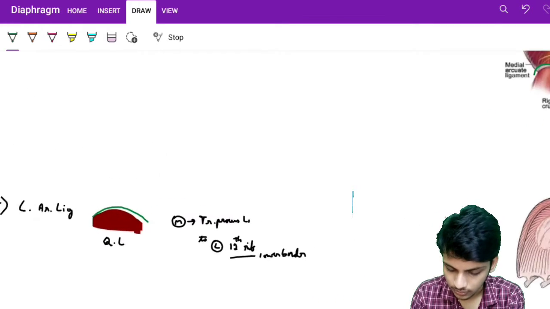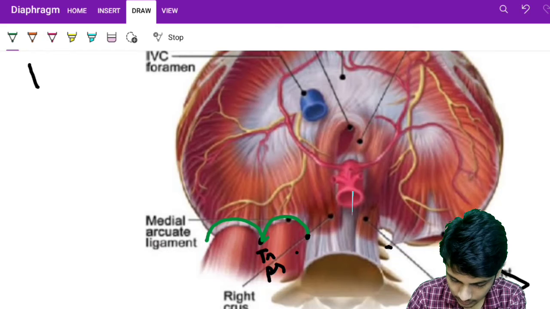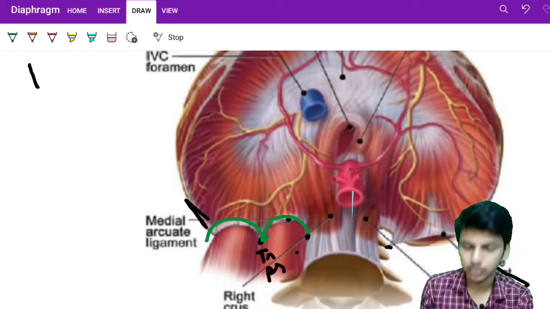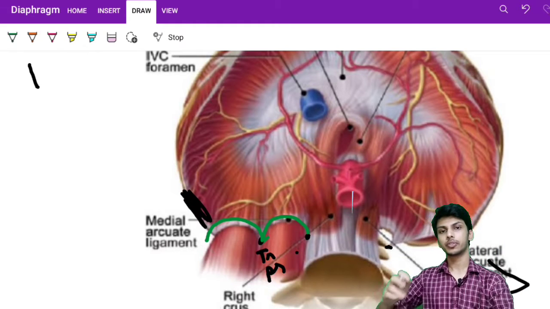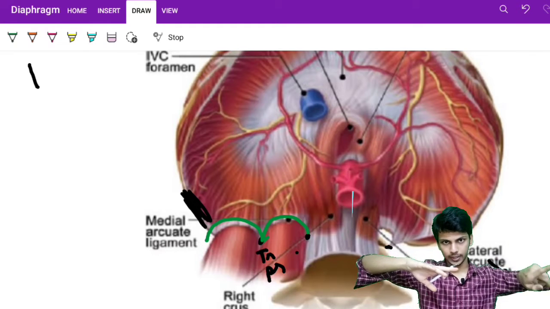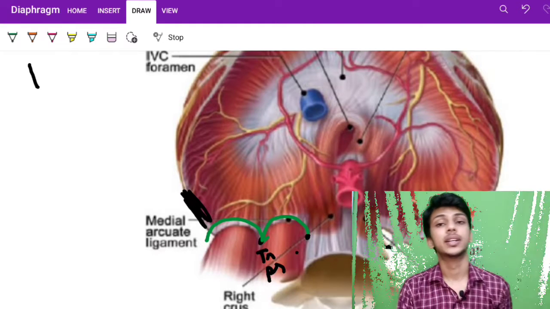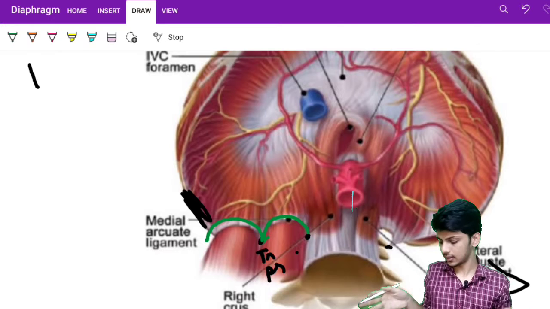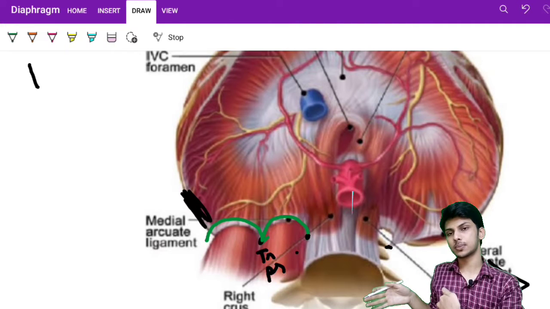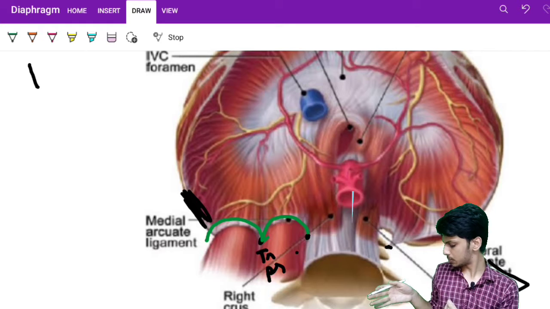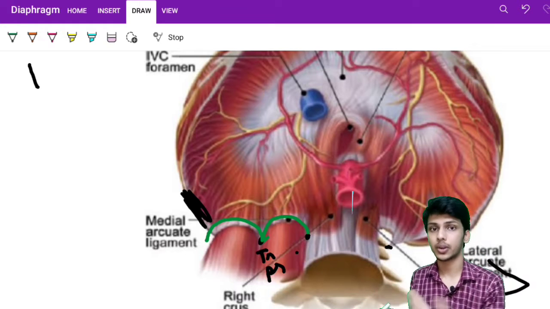The 12th rib is a floating rib. It doesn't come all the way to the front. So body to transverse process is the medial arcuate, and transverse process to the 12th rib is the lateral arcuate ligament.